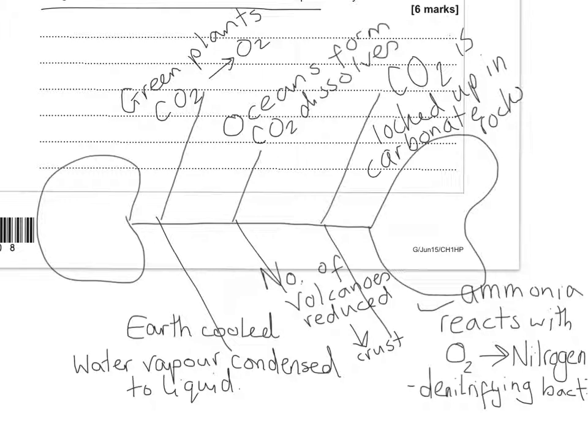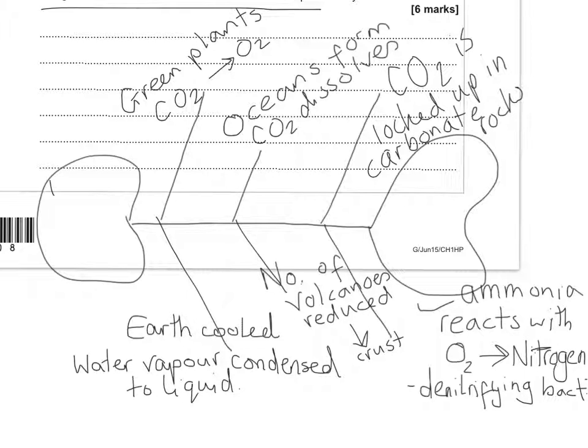The number of volcanoes reduced because the Earth cooled and so the crust formed. And then last point, the ammonia reacts with oxygen to form nitrogen. And then you've also got that the evolution of denitrifying bacteria also adds to the increase of nitrogen in the atmosphere. Okay, so that's a rough plan of the points that I want to include.